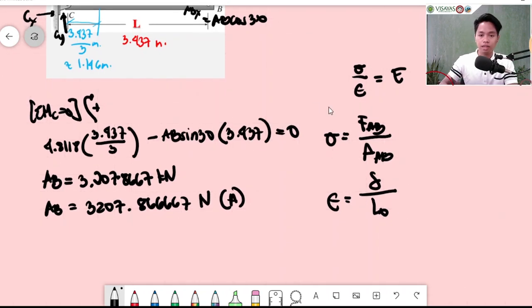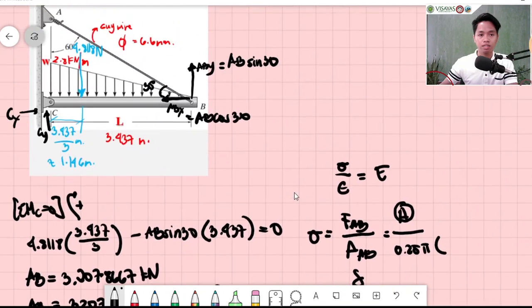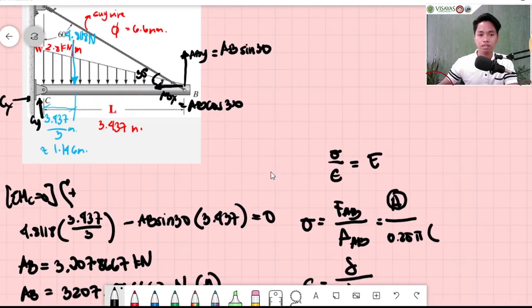So we have the value of FAB, right? Your FAB is equal to what is stored in A, so I'll just put it there. Then your area is simply 0.25 pi d squared. What is the diameter of our wire? That is 6.6 millimeter.